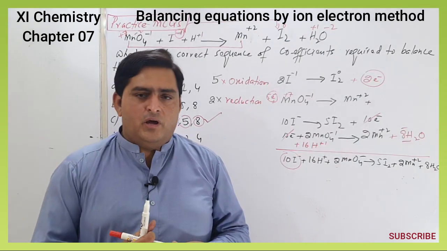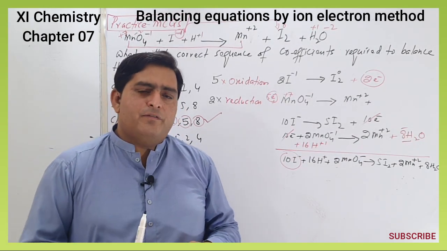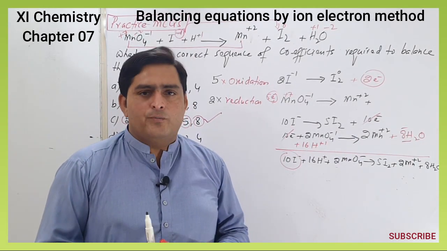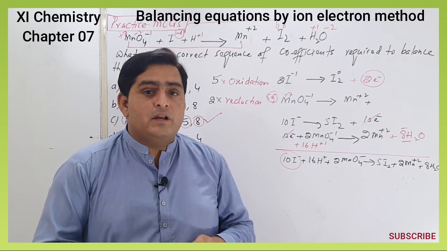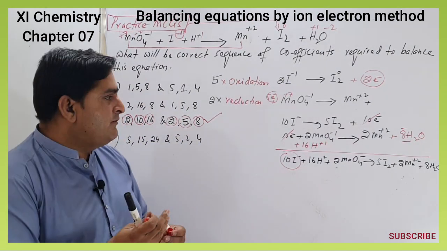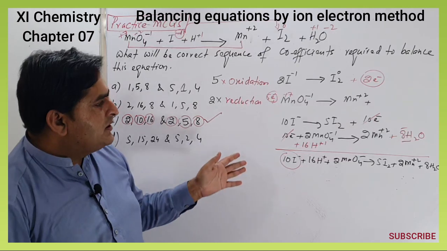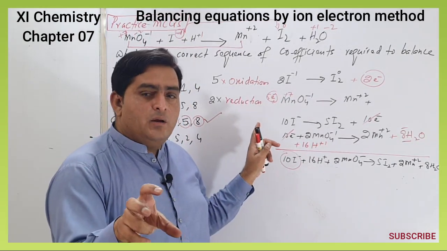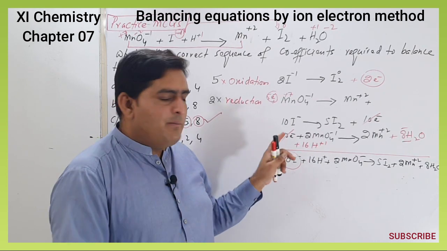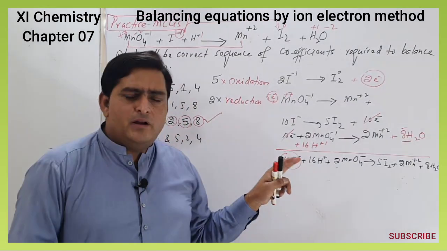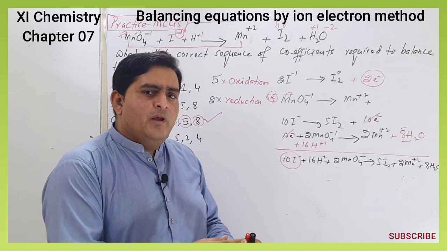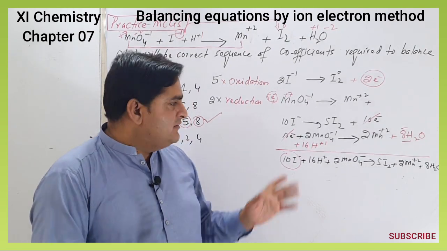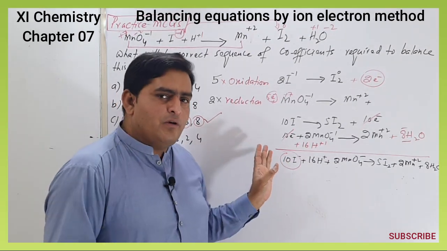It takes around 1.5 to 2 minutes. As it is a very lengthy process, if we write all the steps, we split the equation into oxidation and reduction, as we did. But in the quick method, in order to equalize the number of atoms, we multiplied the number of electrons to make the electrons lost and gained equal.